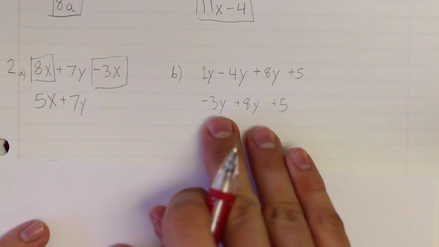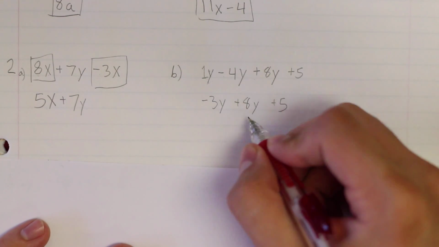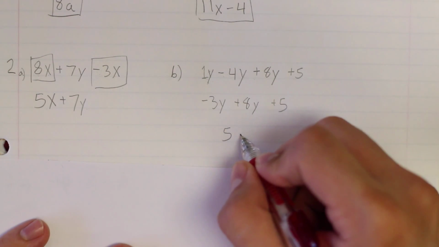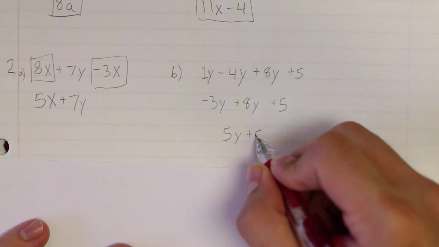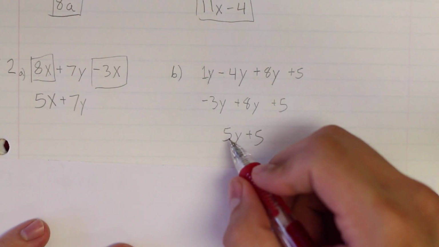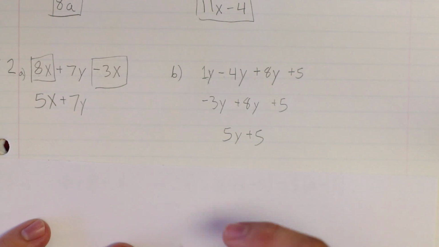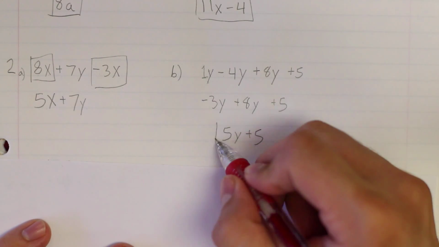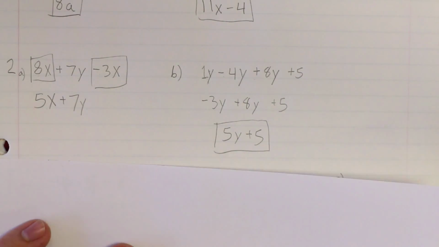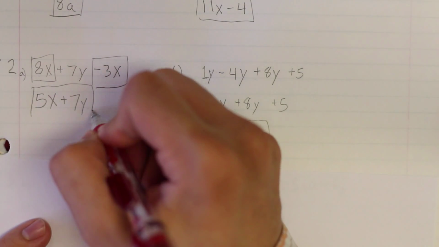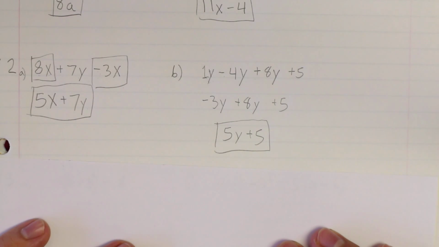I still have like terms I can combine. I add these together to get 5y plus 5. These are not like terms, so I'm done. I can no longer combine them. This is my answer right here, just like this is the answer over here.